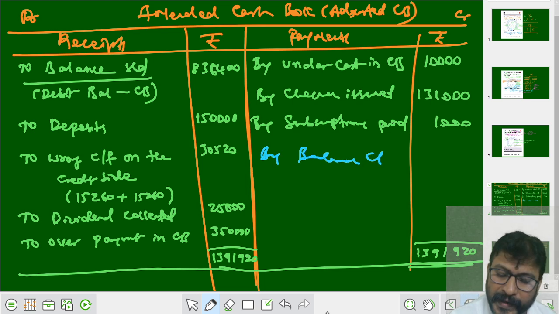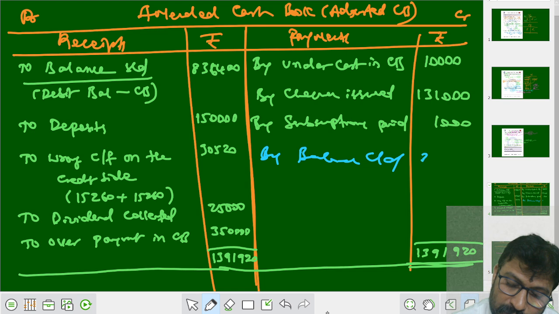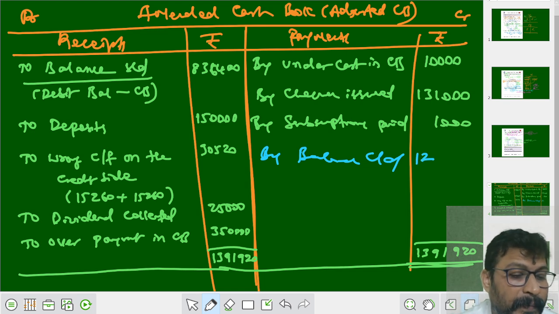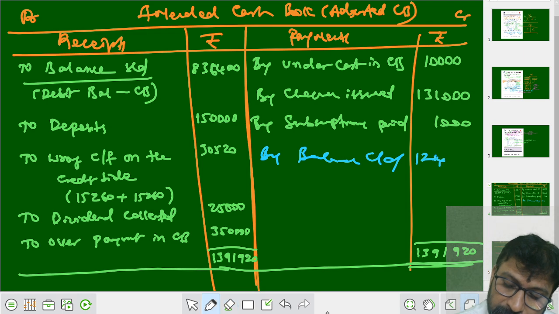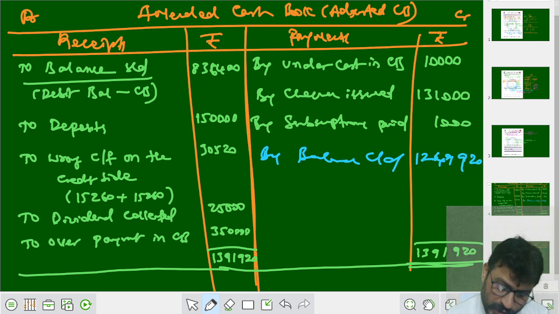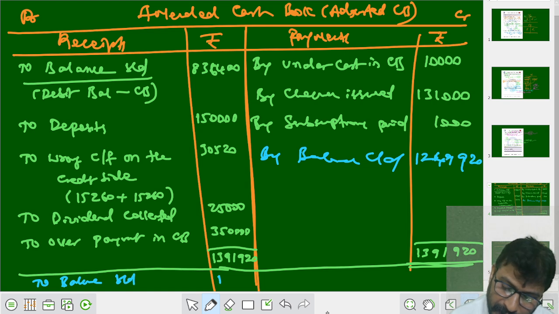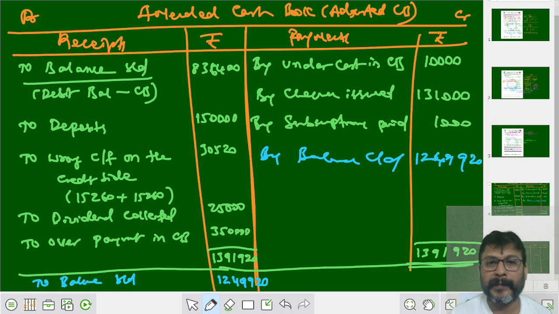by balance carry down, subtract करो कितना आता अब? It comes to 12 lakh 49,920. So that is to be brought down as to balance brought down 12 lakh 49,920.